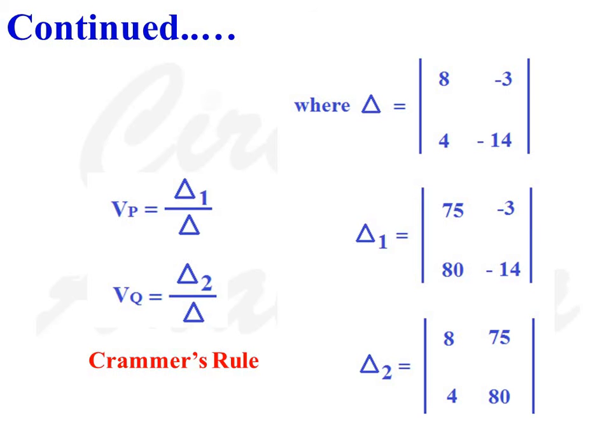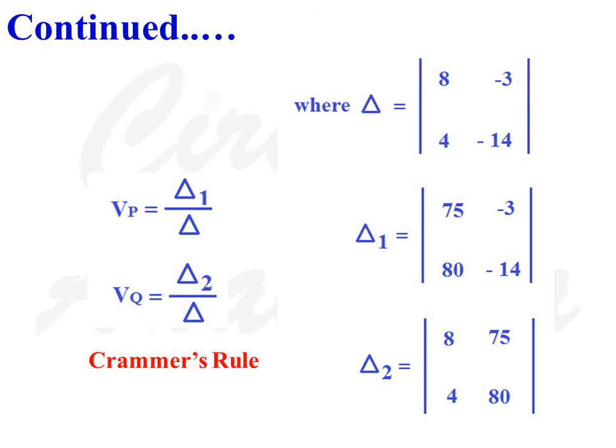According to Cramer's rule, we can write Vp is equal to delta 1 by delta and Vq is equal to delta 2 by delta, where delta is equal to determinant of [8, minus 3; 4, minus 14]. Delta 1 is equal to determinant of [75, minus 3; 80, minus 14].